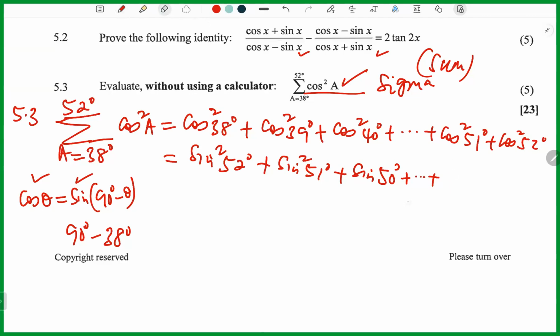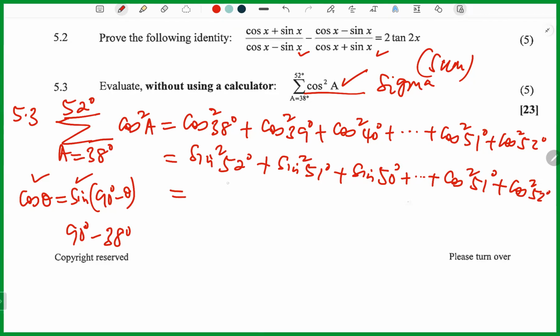You can keep these ones here, the cosines, as they are. So that you have cosine squared 51 plus cosine squared 52.